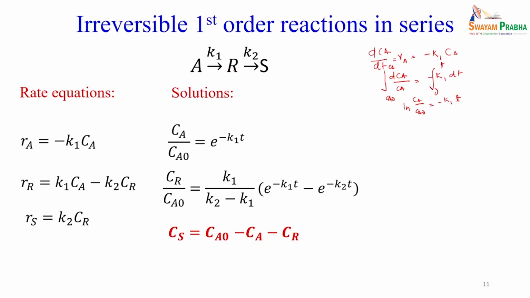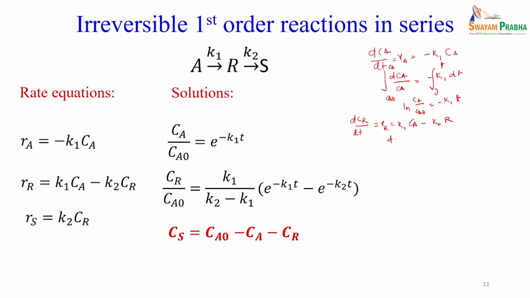Now, let us go to the R. So, this will be like dCR upon dt, or you can say rate of R. This will be k1 into CA minus k2 into R. Now, you can just rearrange it.